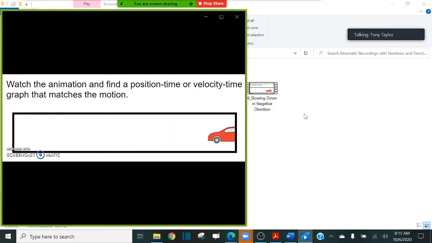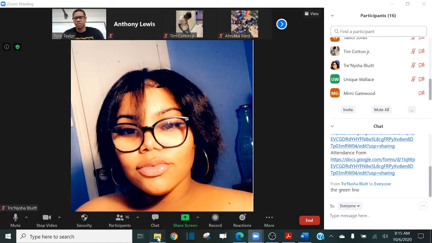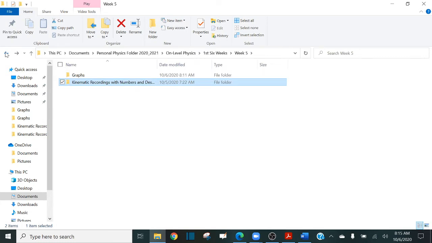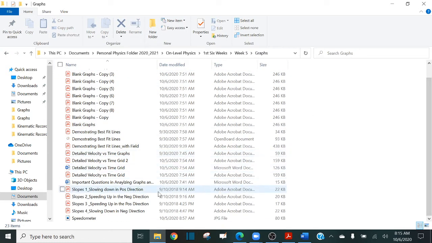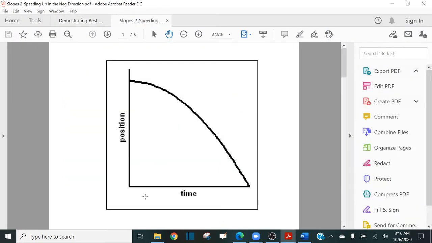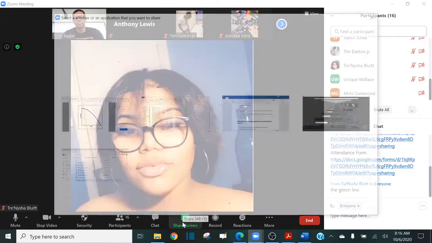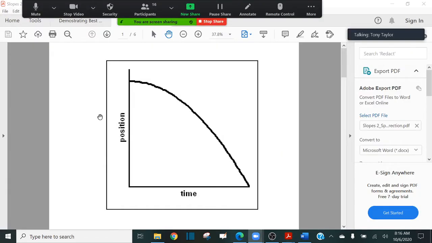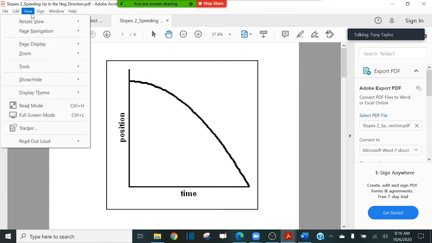So how do we recognize those two important things on a position versus time graph? Well, the position versus time graph for this situation looks something like this. Let me go ahead and pull this up. This is how your position time graph should look for that situation that we just looked at.